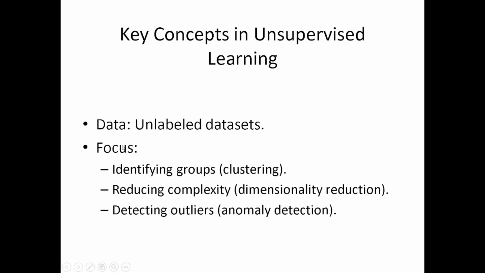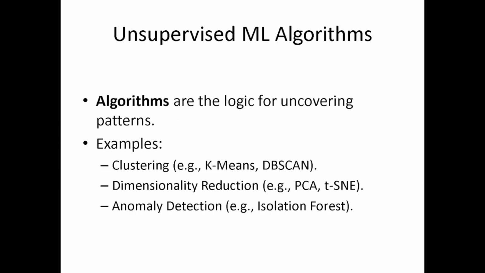This involves focusing on three primary tasks: identifying groups through clustering, reducing complexity and simplifying complex datasets with dimensional reduction, and detecting outliers or finding anomalies by using anomaly detection. Each task opens new possibilities for data analysis and discovery, paving the way for innovations in numerous industries.